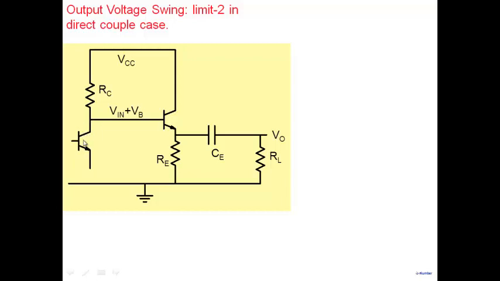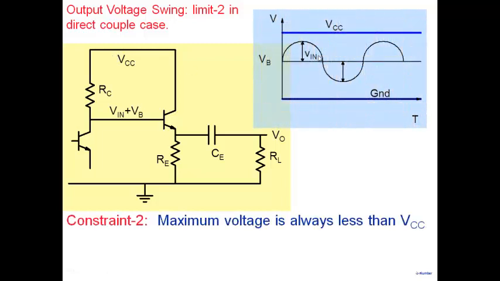Let's say this is a common emitter stage which is driving my common collector. This input cannot go above VCC here, otherwise the transistor gets cut off and all of that. We've already seen that. So if it's directly coupled, my voltage at the base node, Vin plus VB, cannot go above VCC. And all of that I said is true.